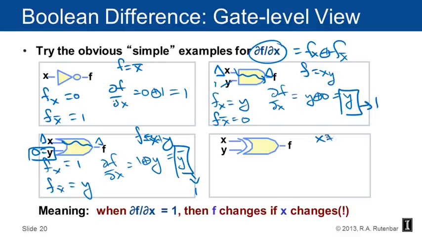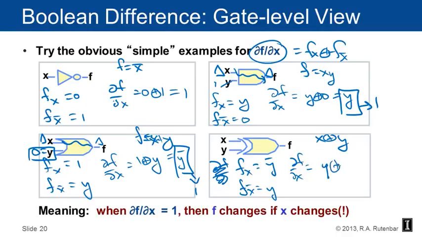So this is f = x exclusive OR y. f of x is equal to 1 exclusive OR y, so that's y bar. f of x bar is equal to 0 exclusive OR y, so that's y. ∂f/∂x is equal to y exclusive OR y bar. Do the Boolean algebra and you discover that's a 1.